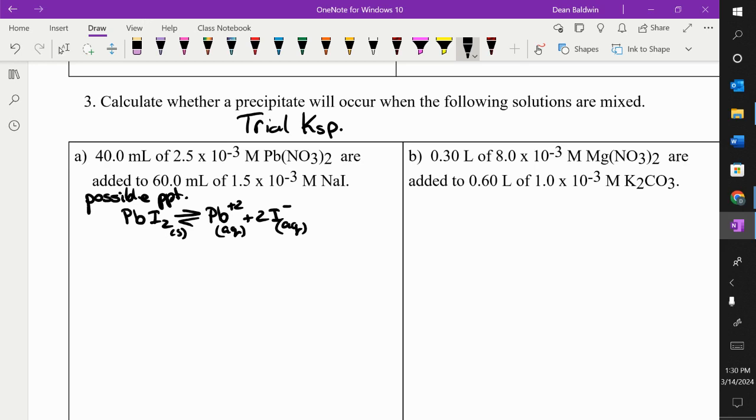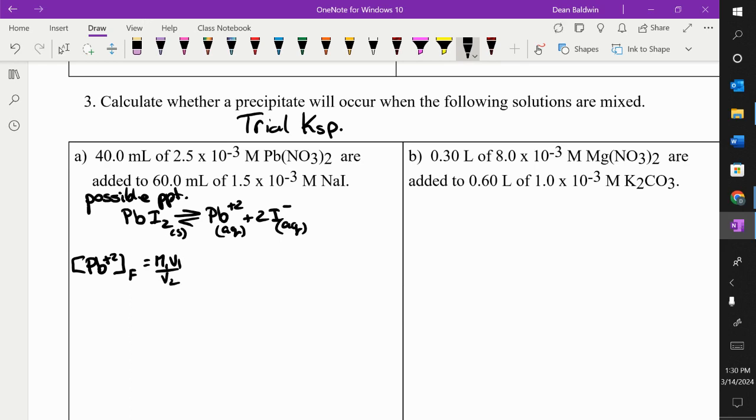Now, to figure out if we're going to form a precipitate, we need to know the concentrations of lead and iodine. So we look to what we had. We had 2.5 times 10 to the minus 3 molar of lead nitrate, 40 mils of it. These are not equal volumes, so we've got to use our M1, V1 formula. Okay. So the final concentration of lead will equal M1, V1 over V2, V final.